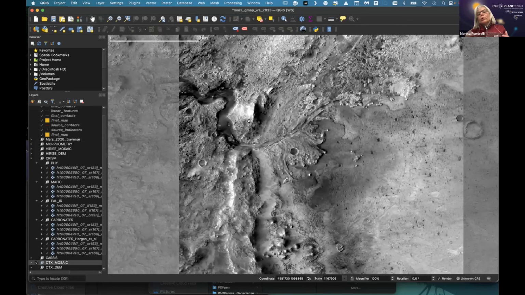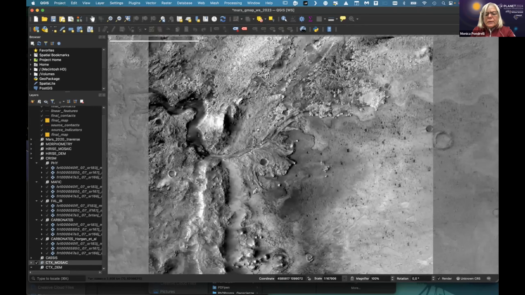So don't worry too much about the extension of the area, but more about the quality of what you're doing, and understanding what you're doing. But nominally, yes, the idea was to map the CTX mosaic.